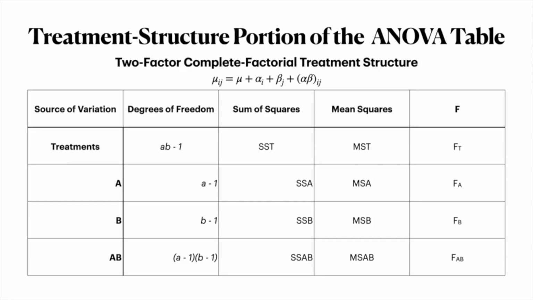Now, the mu sub ij corresponds to the treatments row, the overall treatments row. And then the alpha sub i in the effects model representation corresponds to the row for the effect of factor A, or the variation due to factor A. Beta j corresponds to the row for factor B, and then alpha beta sub ij corresponds to the row for the A-B interaction.